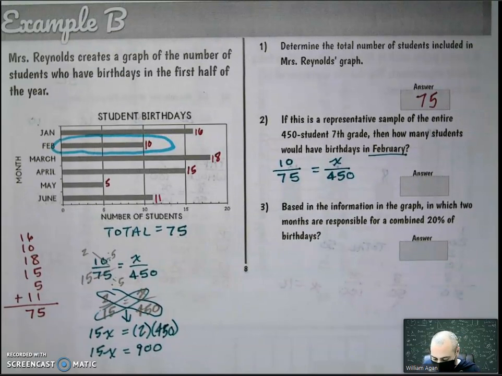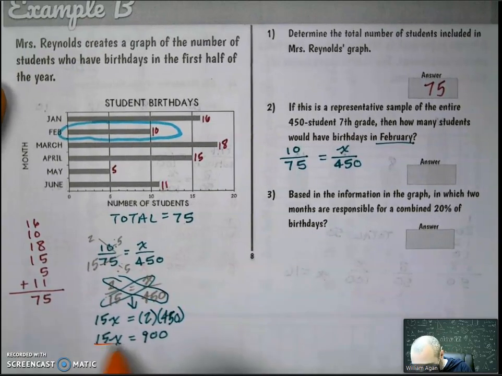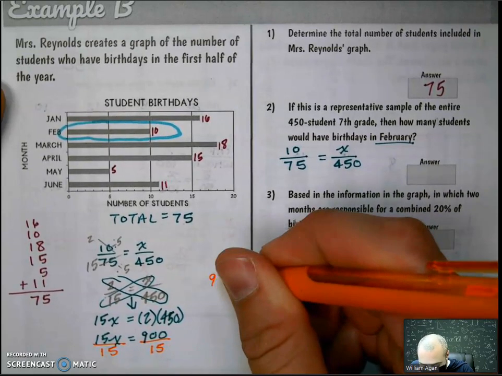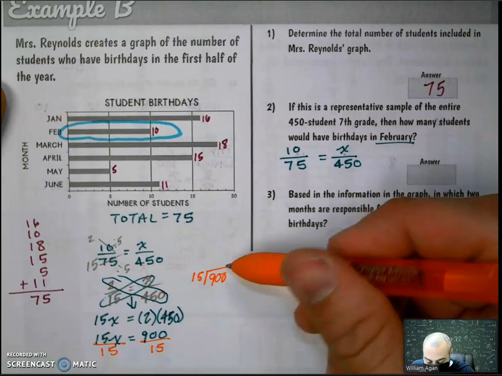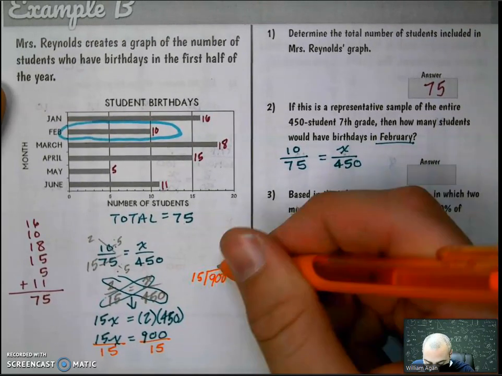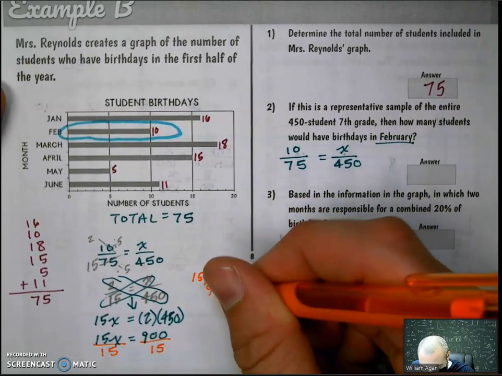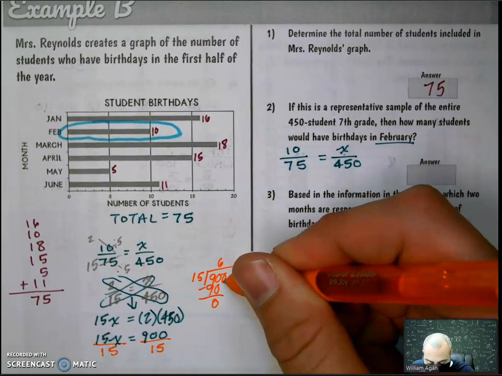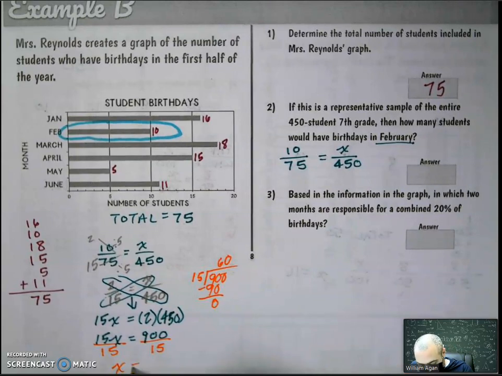And now you need to get x by itself. So you need to divide both sides by 15. So we have 900 divided by 15. 15 will not go into 9, but it will go into 90 6 times. 6 times 15 is 90. So you get 0, but you still have this extra 0. That goes straight up. And x equals 60.